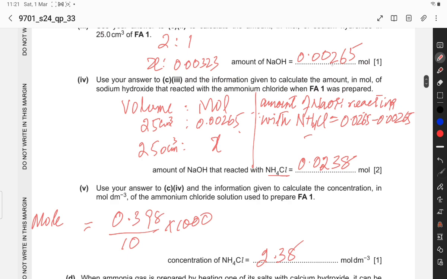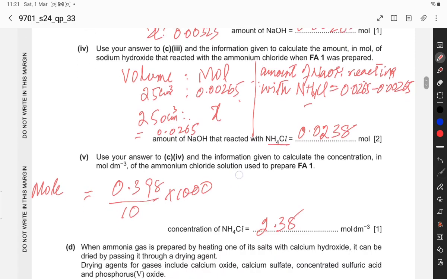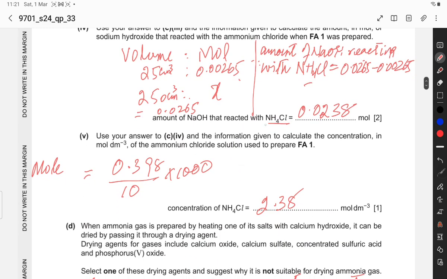So this is the amount of sodium hydroxide. Now we have a mole of ammonium chloride. So by calculating this mole, amount of sodium hydroxide that reacted with ammonium chloride is 0.0238.